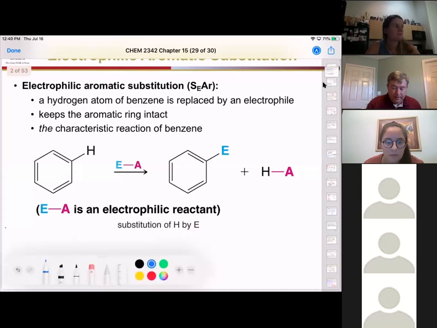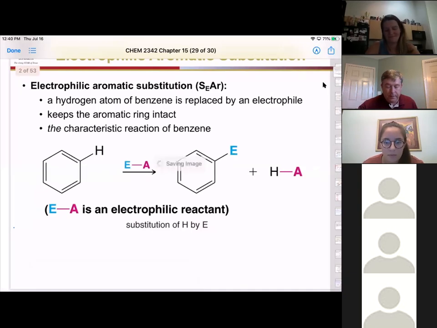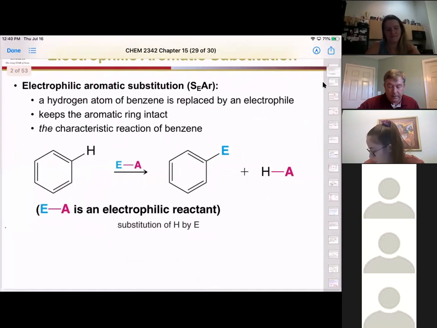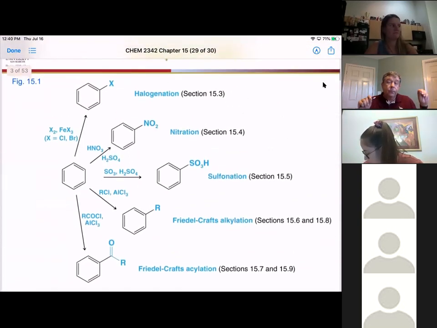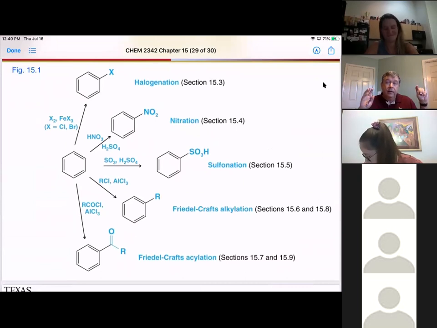Okay, then let's go. The second thing we want to talk about is that it's really one mechanism for all the different functional groups. I think that's a really cool thing. And we just have to remember to generate our positively charged species correctly, okay?